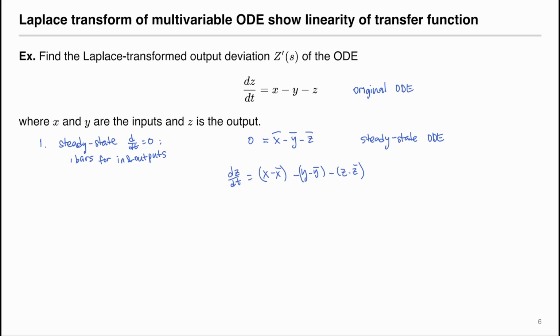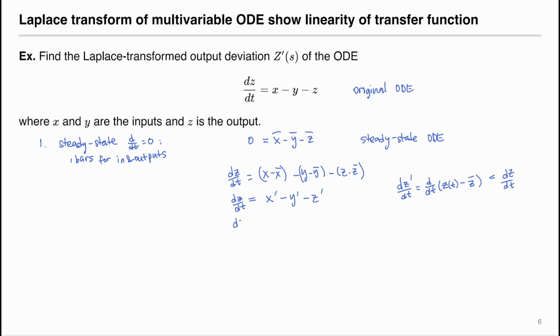Then we use the definition for the deviation variable. We have dz/dt equals x prime minus y prime minus z prime, and here prime represents deviation. And then again, for the derivative, we can use dz prime/dt, and then use the definition for z prime, which is the original z with respect to t minus z bar, a constant, so that we only have dz equal to each other.